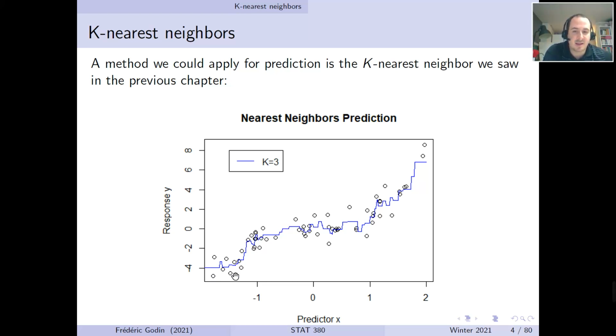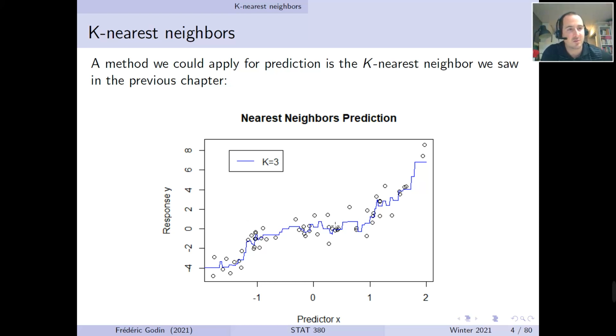The prediction doesn't vary very smoothly, whereas in practice many phenomena have a smooth variation with respect to the value of predictors. At least the expected value of a random variable would vary smoothly.